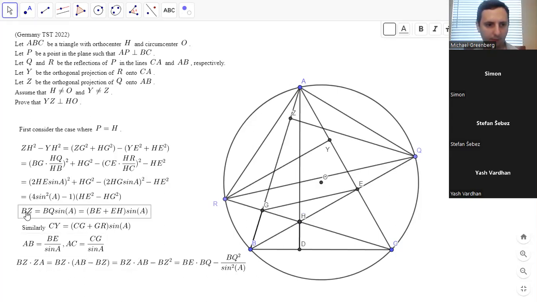I have BZ is BQ sine A and AB is BE over sine A. When I multiply these two, the sine A cancels, and then I get BE times BQ. Oh, right. And then BZ squared, I use this. Okay, I overlooked that. Oh, it's all right.